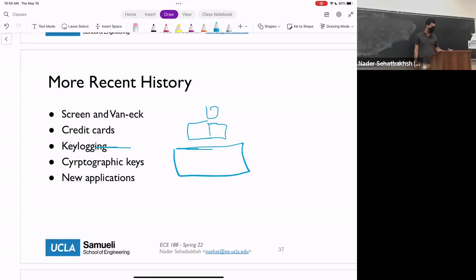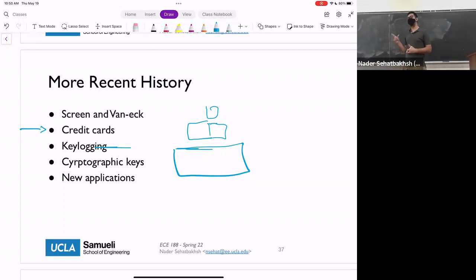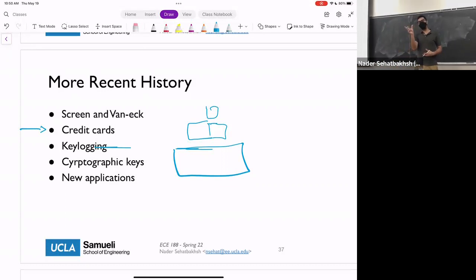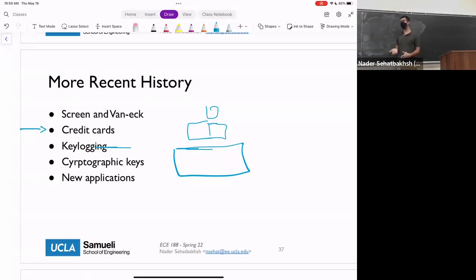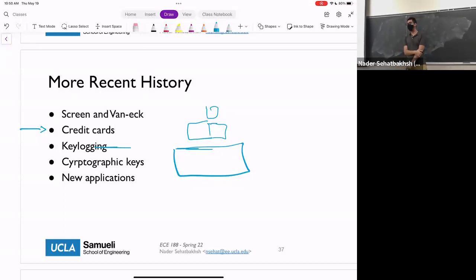For example, during the 90s when we started using credit cards, people showed that the actual secret values stored in a credit card can be easily read by some sort of power side channel. As long as you get access to someone else's credit card, you can launch a very simple attack to get the values, and then you can replicate that credit card. At that time, that was a huge problem, because the entire security and integrity of the credit card was in question.